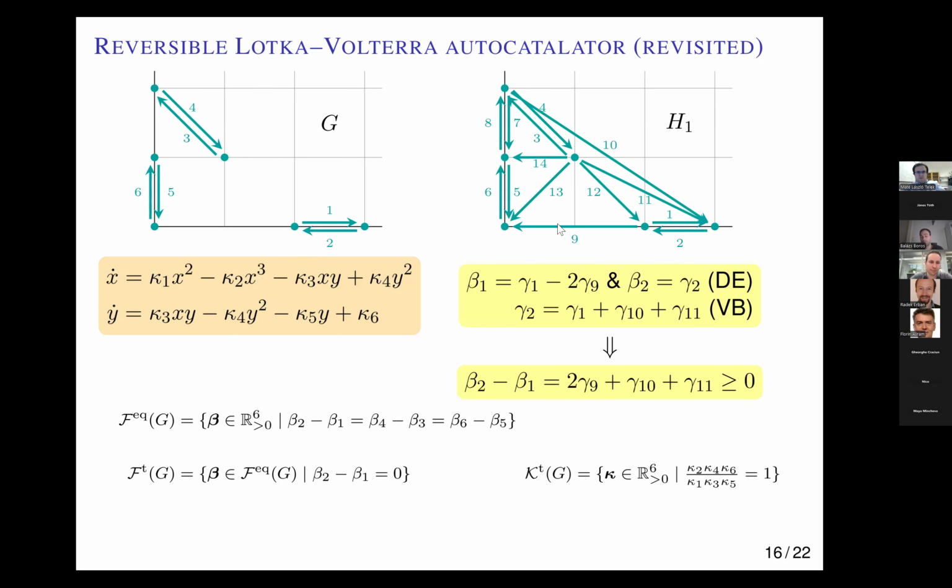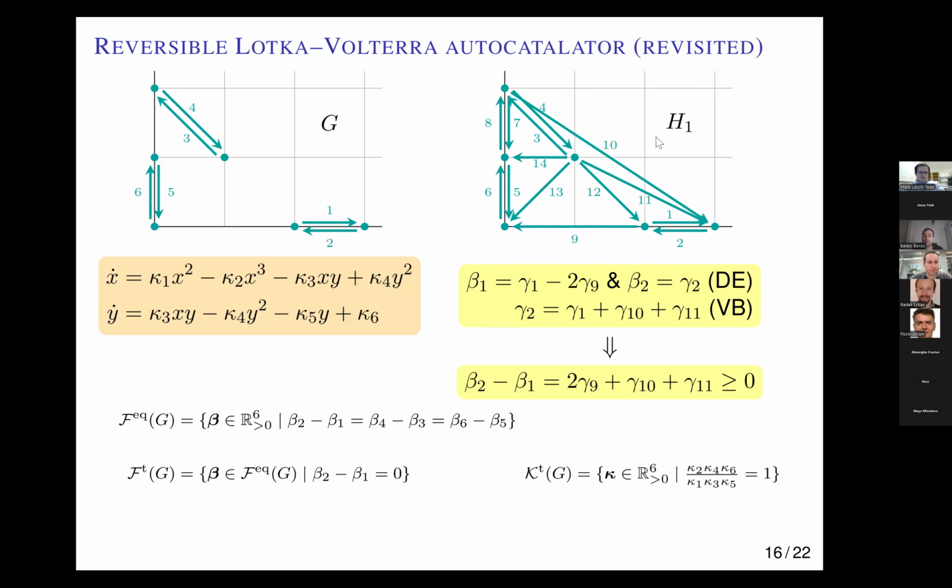Now, if I take an auxiliary graph, I call it H1 this time, then I didn't write up here all the equations for dynamical equality, just some of them. For example, beta 1 is the flux here, and from that same source, this time I do have one reaction going forward, one reaction going backward, and the length of this is 2.